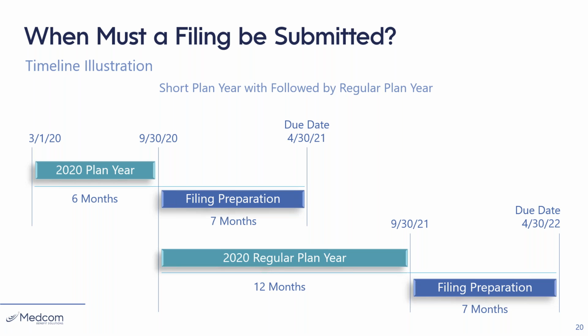You then have a plan year running 10/1/20 through 9/30/21. That filing is due 7 months after the fact, and your due date would be 4/30/2022.